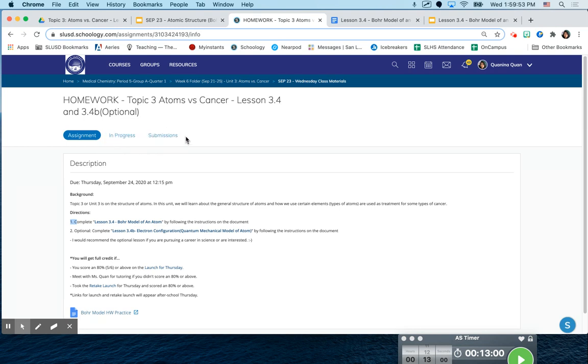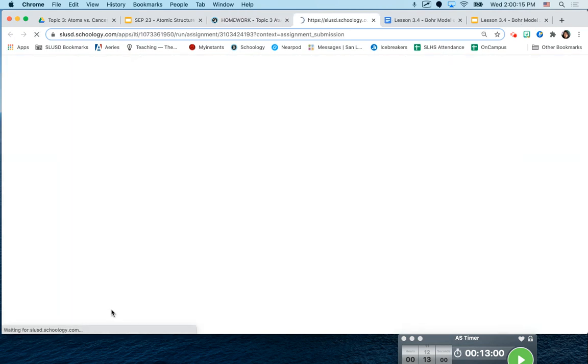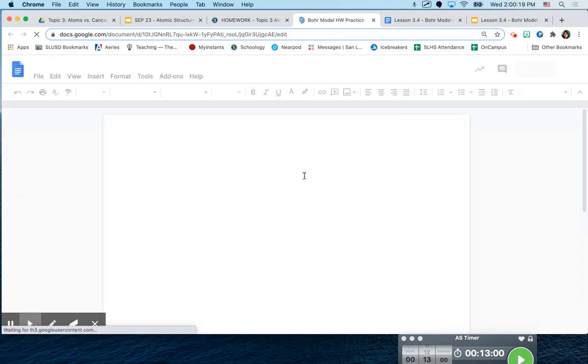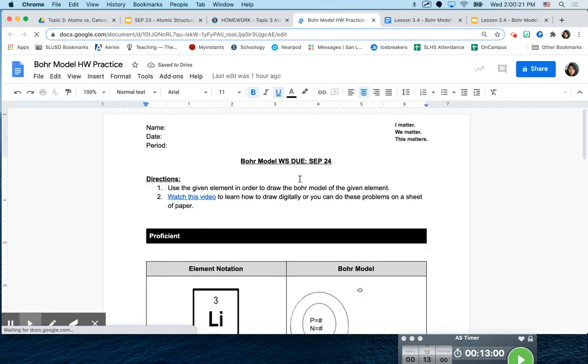Go ahead and click on where it says My Documents, and then go ahead and click on Edits on the right-hand side. It should show up here after you click on My Documents. So first click on My Document, then click on Edits, and you should see this document where you can edit.